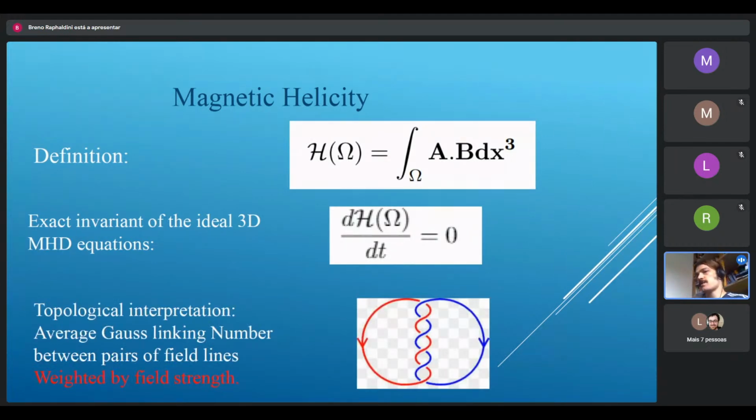So there's a topological interpretation of the helicity, which means that it's the average Gauss linking number between pairs of field lines weighted by field strength.